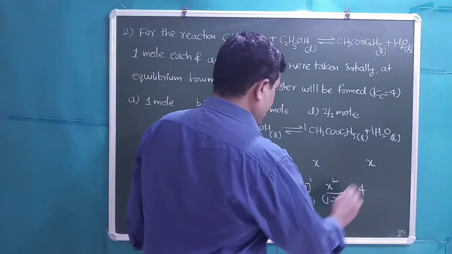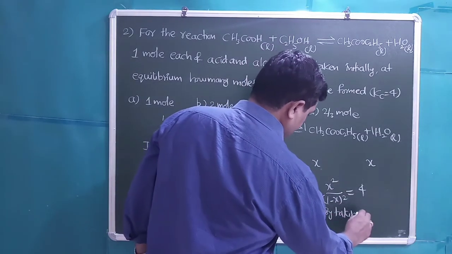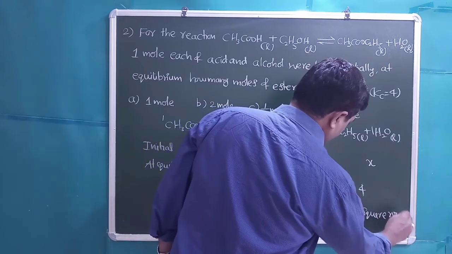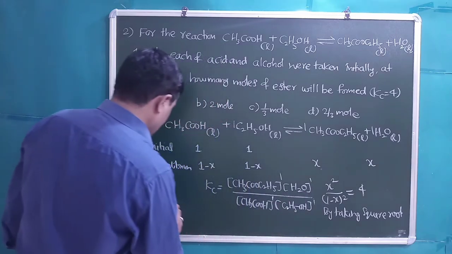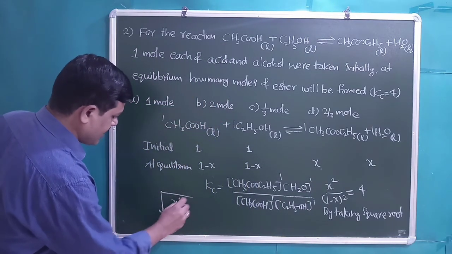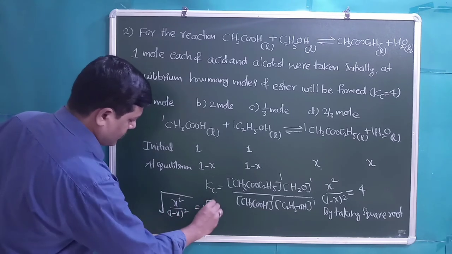By taking square root on both sides, the square root of x square by 1 minus x whole square is equal to the square root of 4.